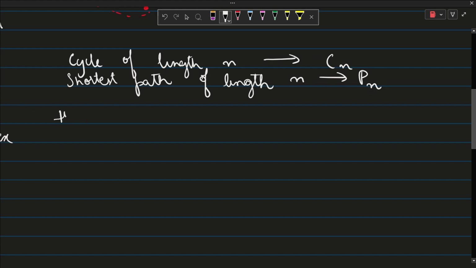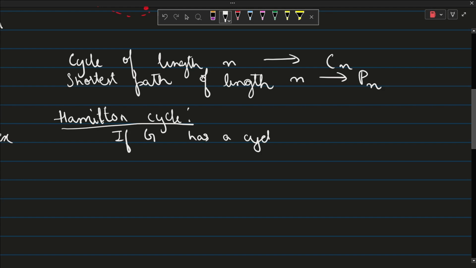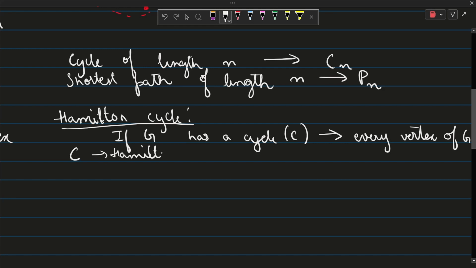Now let us go for the Hamilton cycle. If G has a cycle, say C, which includes every vertex of G, then C is called a Hamilton cycle, and the graph G is called Hamiltonian.